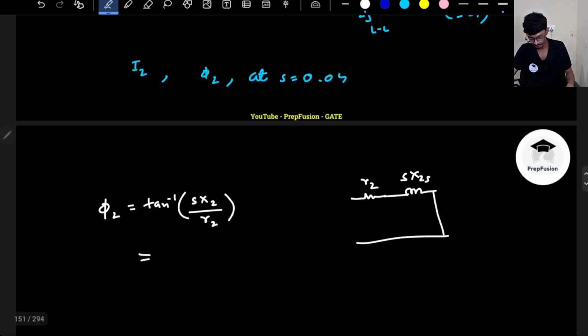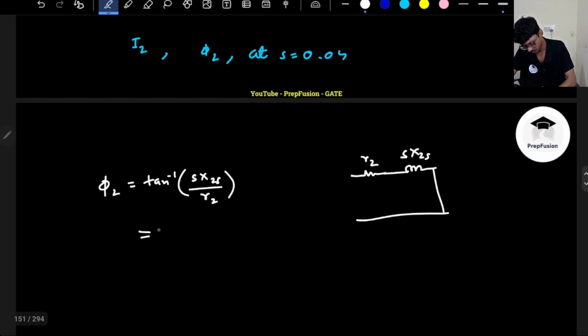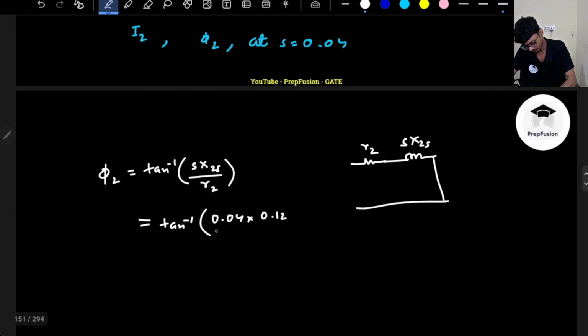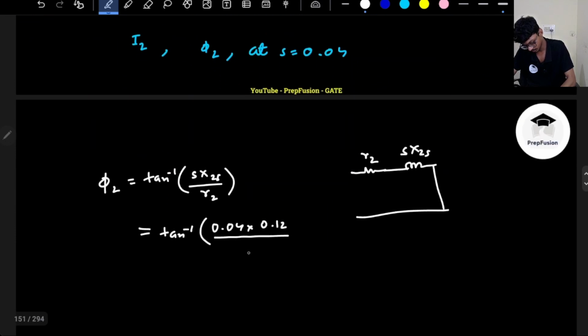S is 0.04, X2S is 0.2, so it is tan inverse of that over R2, which is 0.05.